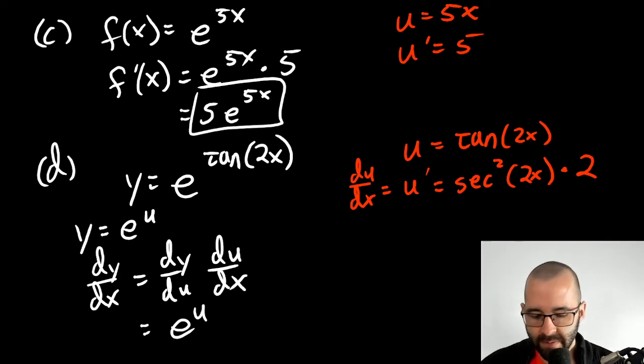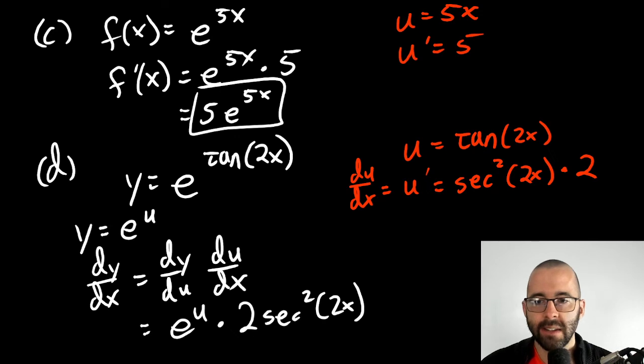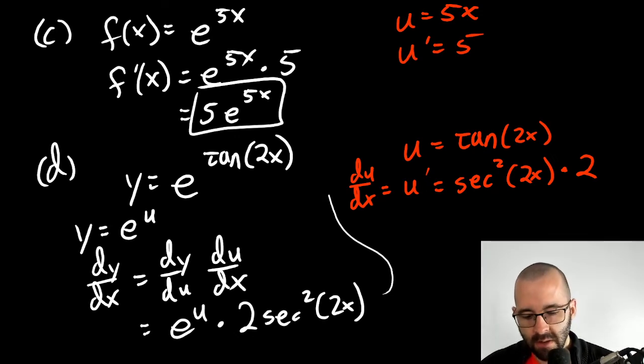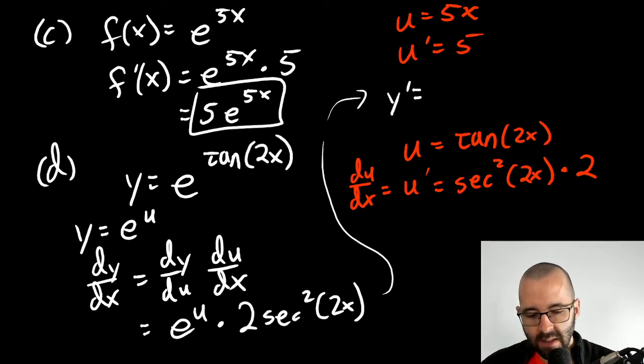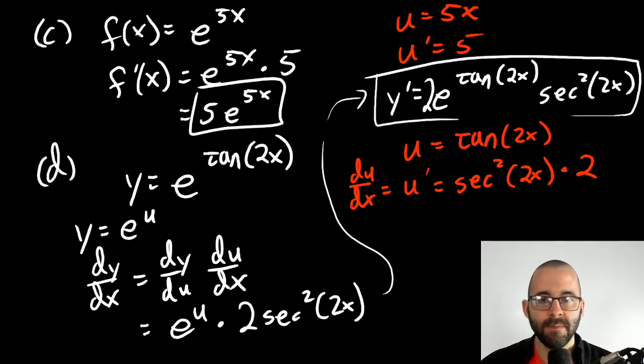Natural log of e is 1, times du dx, which we have right here, is 2 secant squared of 2x. And all that's left is replacing the u again, and we get our final answer. So y prime is e to the tangent of 2x, put that 2 in front, times secant squared of 2x. That's our answer for part B.